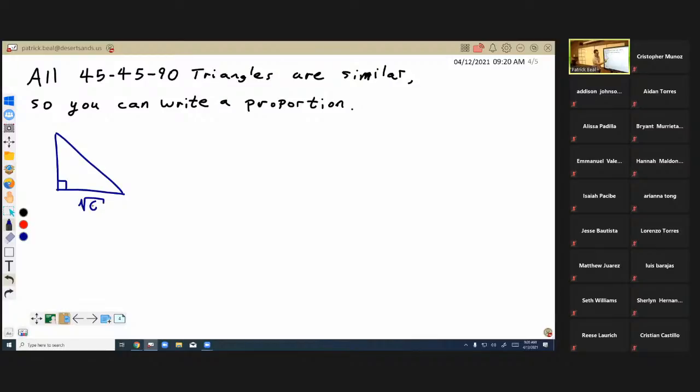Let's say they tell you that this side here is square root of 6, and they want you to find x and y. Let's find out how long is the leg and how long is the hypotenuse. On Delta Math, you only need to find one of them, but I'll show you how to find both, just in case.